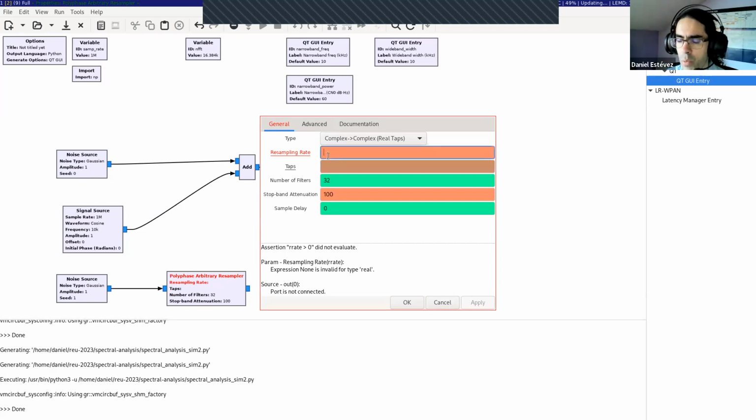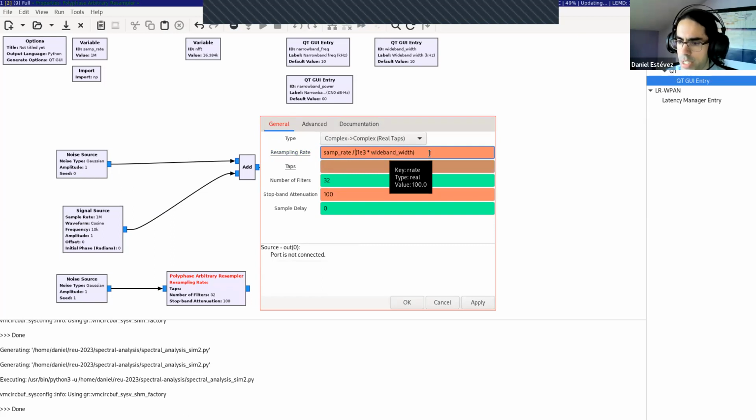So if I want to include 10 kilohertz in 1 megahertz, the resampling rate or ratio I need is the sampling rate divided by the wideband width. And as before, I multiply by 1000 because this is in kilohertz and I want everything to be in hertz. And this is not surprisingly 100.